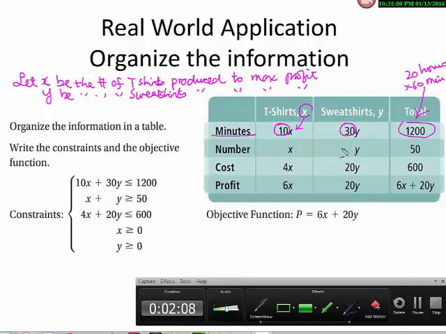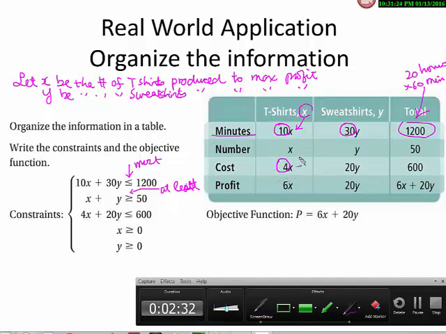And you have to sell at least 50 items, so x plus y has to be at least 50. The supplies you need to produce a t-shirt cost $4.